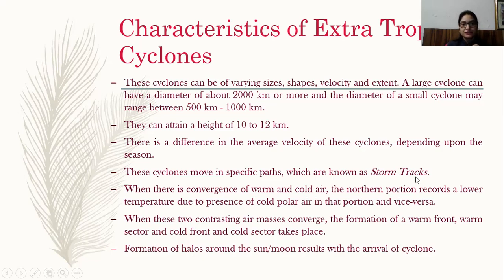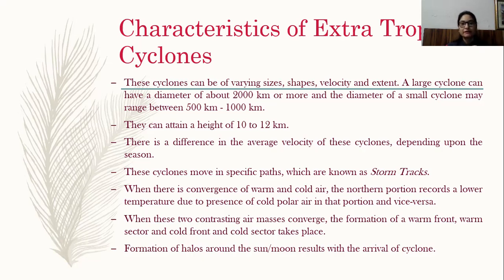Where there is convergence of warm and cold air, the northern portion records a lower temperature due to the presence of cold polar air, and vice versa. Now, definitely there has to be a convergence of warm air and cold air. Only then will the front be formed, and only then will the cyclone be formed.